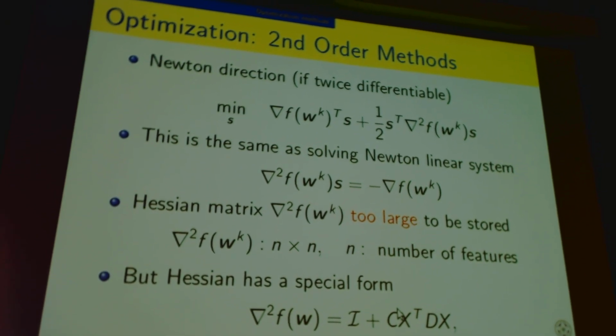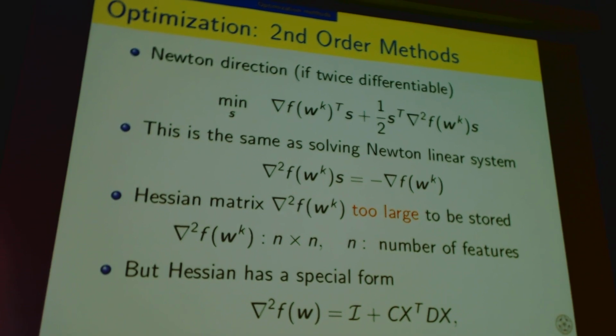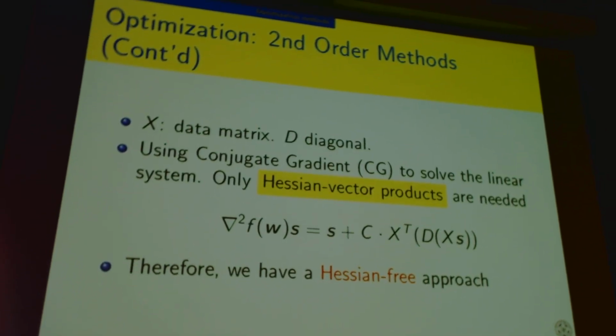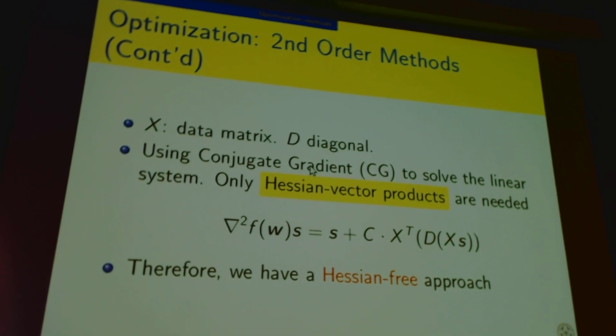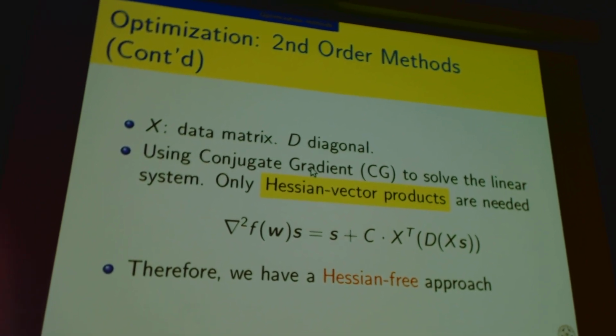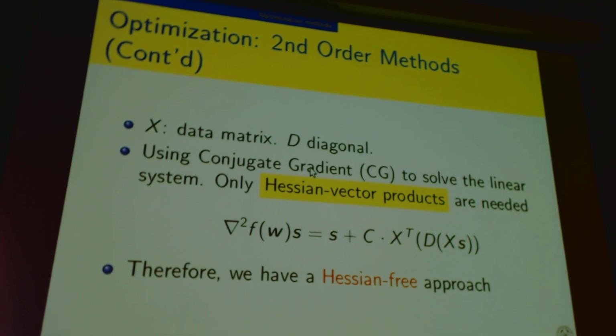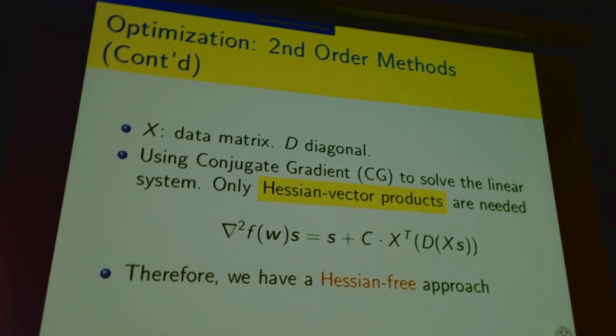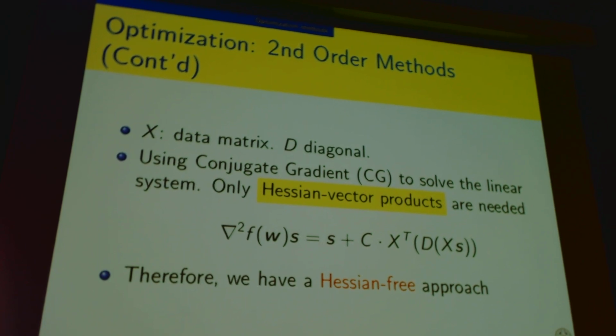Once we know this, we can use a special iterative method to solve this linear system without even explicitly forming the Hessian matrix. This iterative method is called the conjugate gradient method, a commonly used iterative method to solve a linear system. At each conjugate gradient iteration, all you need is the so-called matrix vector product.